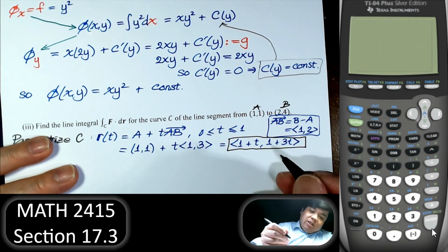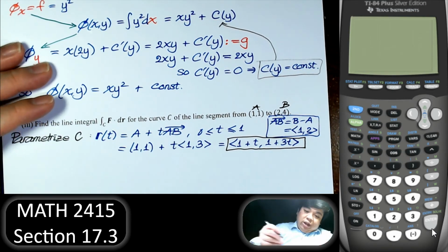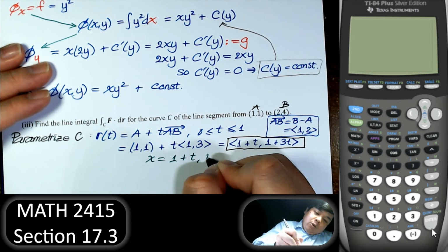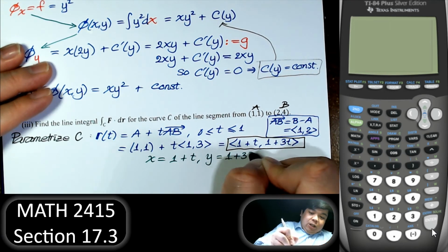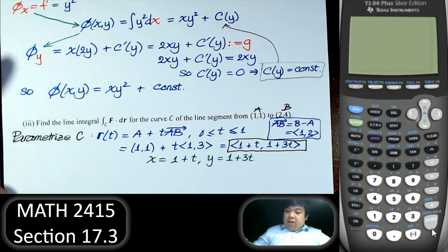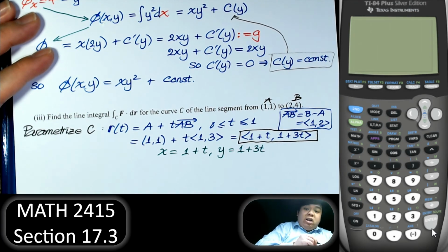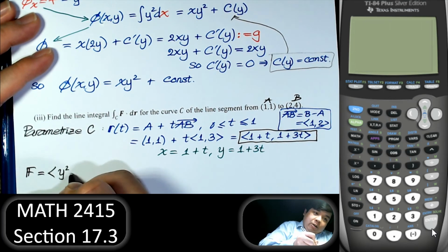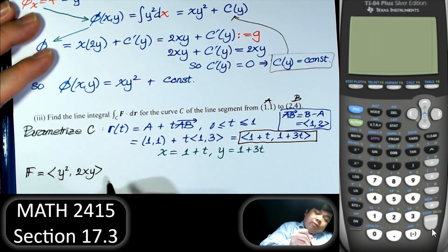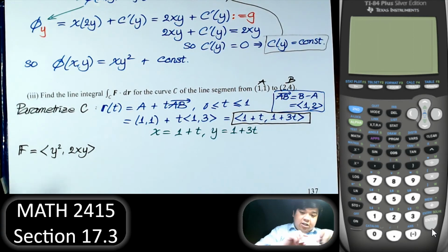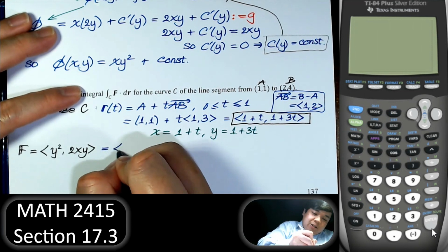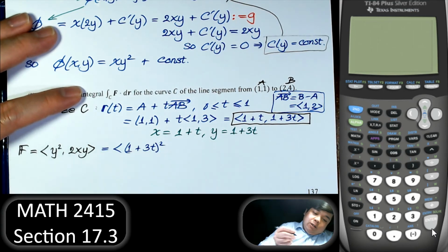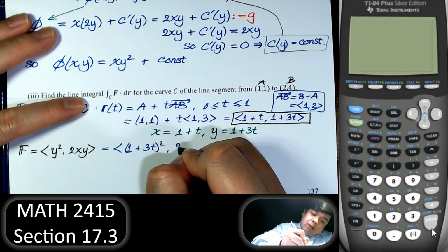That is the parameterization of the curve C in terms of t. Of course, from here we can say x equal to 1 plus t and y equal to 1 plus 3t. So that's the first step, we parameterize the curve. Next, now we know x and y in terms of t, we'll rewrite the vector field, y squared to xy, in terms of t.